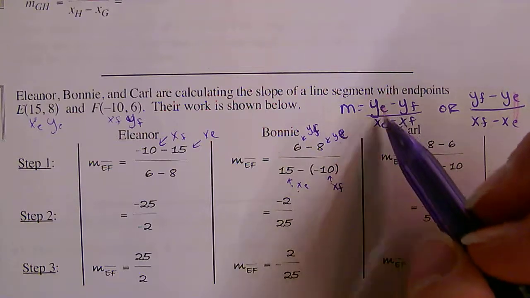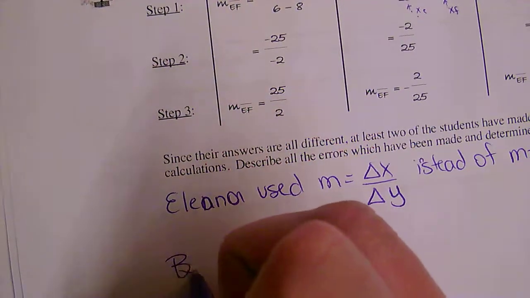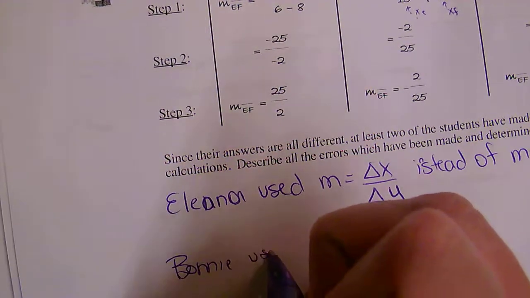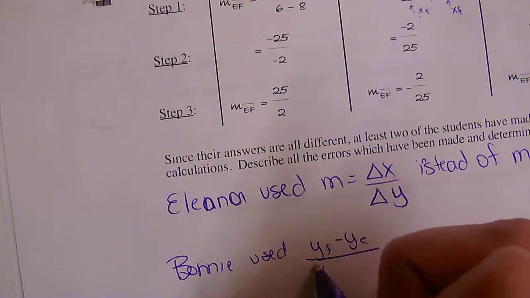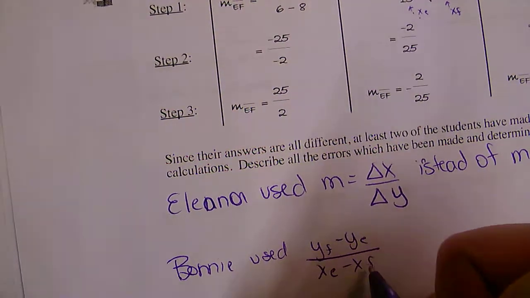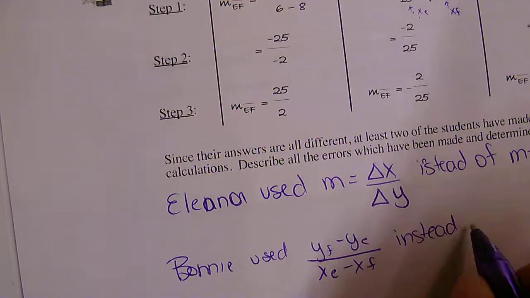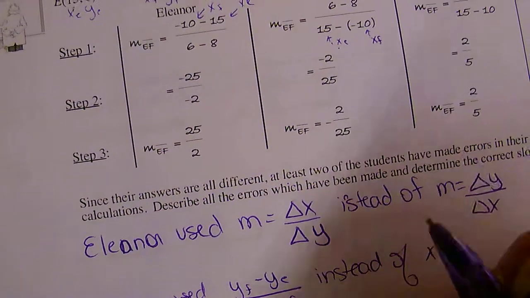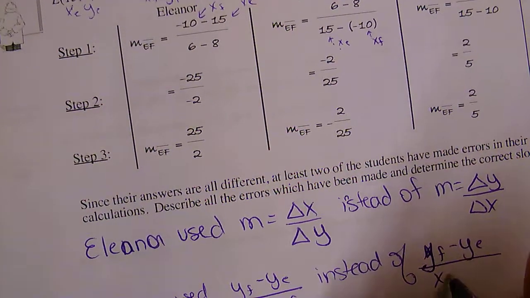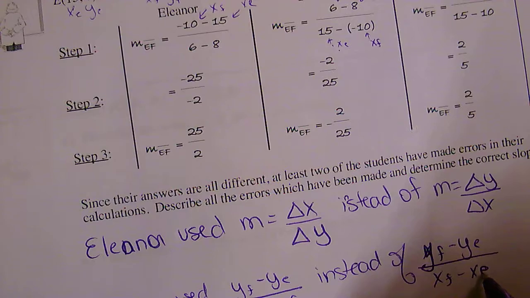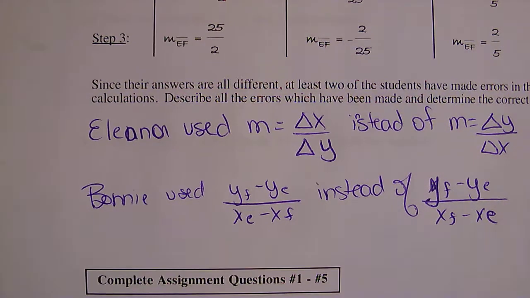So she did the crisscross that she shouldn't have. So Bonnie used yf minus ye over xe minus xf, instead of yf minus ye over xf minus xe.